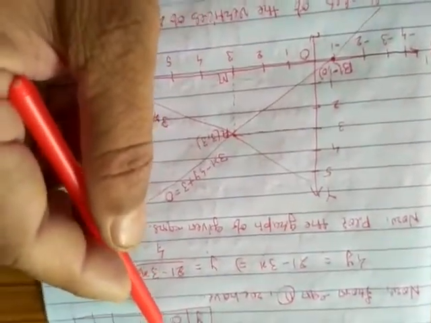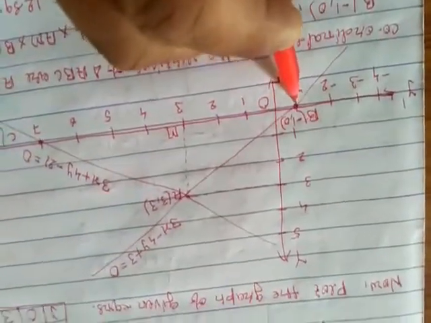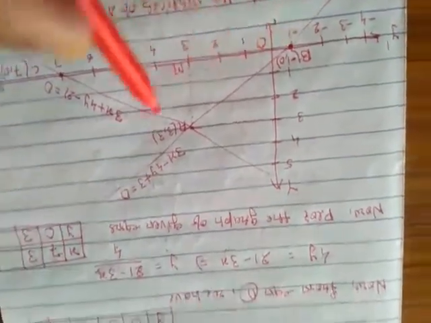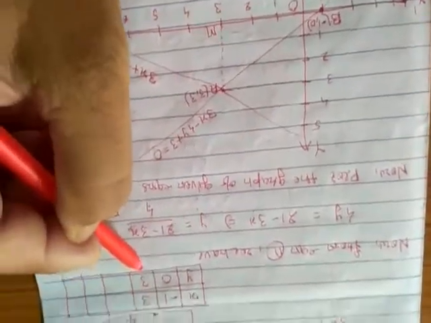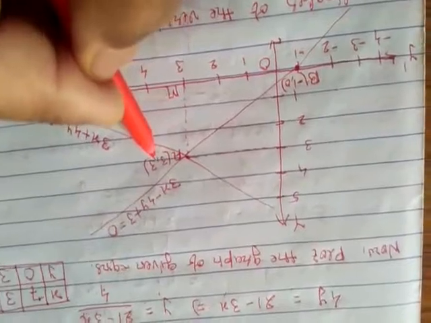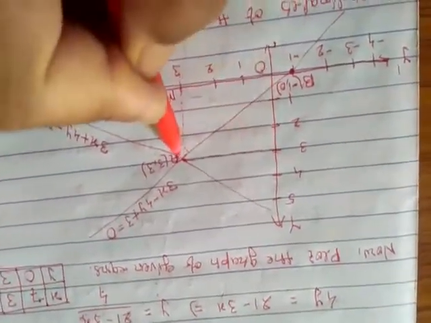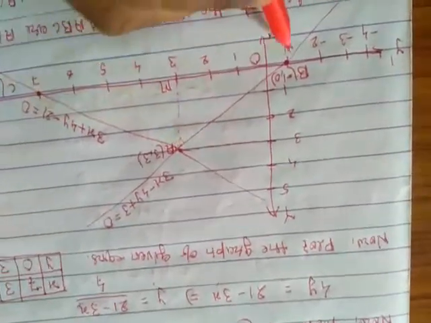So minus 1, 0 will be plotted here. And the second coordinate was 3, 3. And 3, 3 will be plotted at A. A represents 3 from the x-axis, 3 from the y-axis, and the point minus 1, 0 is represented by point B.